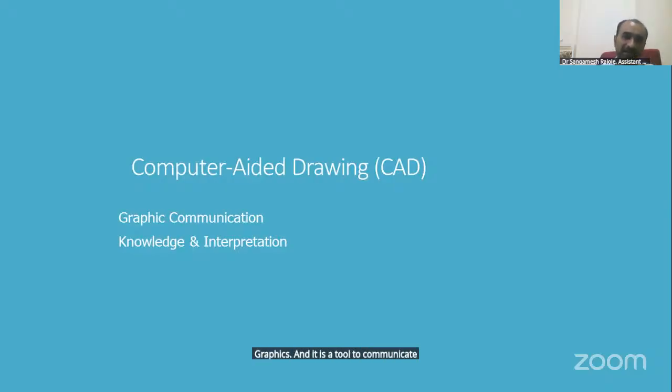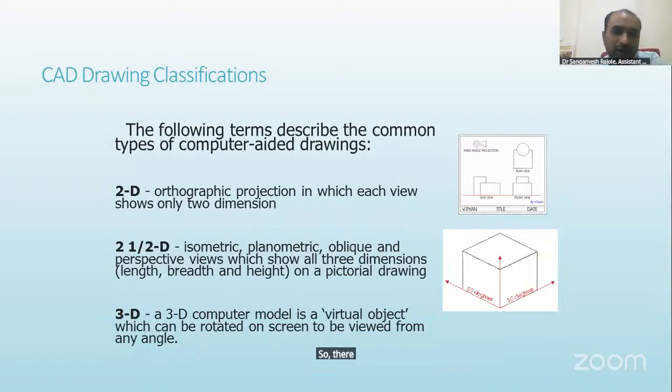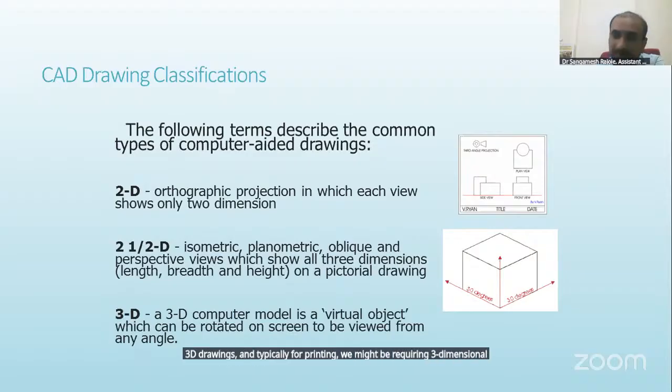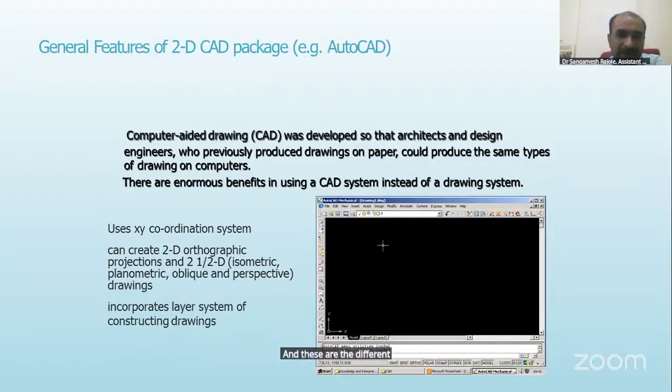In anybody's absence, we could communicate with our design or the drawing. There can be 2D drawings or 3D drawings, and typically for printing, we might require a 3-dimensional product.